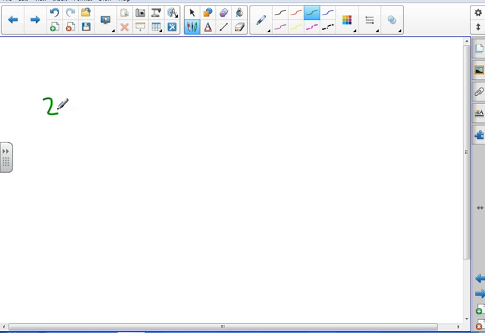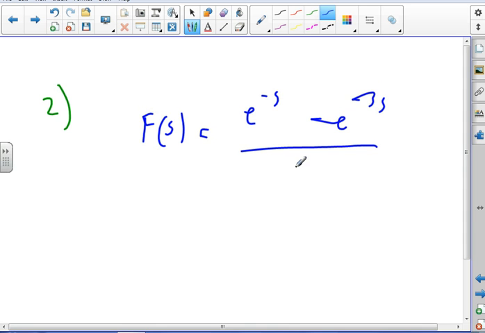We're going to try problem number 2, and I emphasize try. F of s is equal to e to the minus s minus e to the minus 3s, divided by s squared. It's going to be a long day if I can't even write the problem.